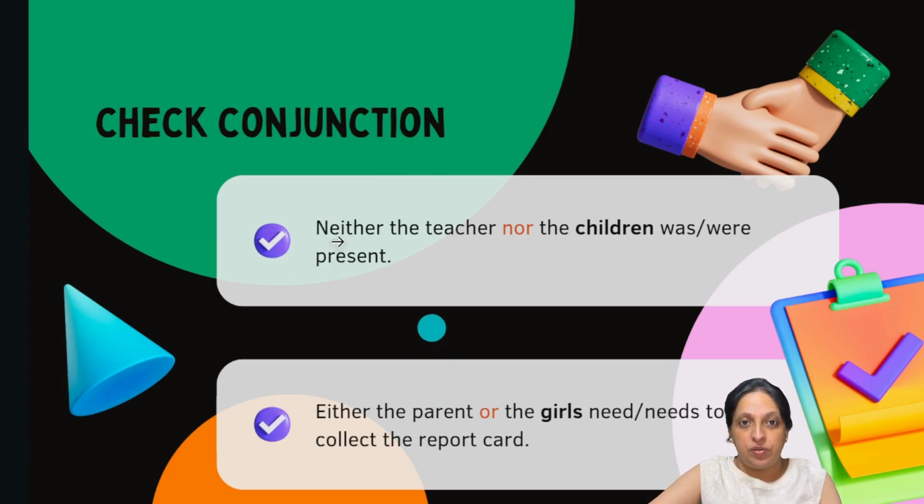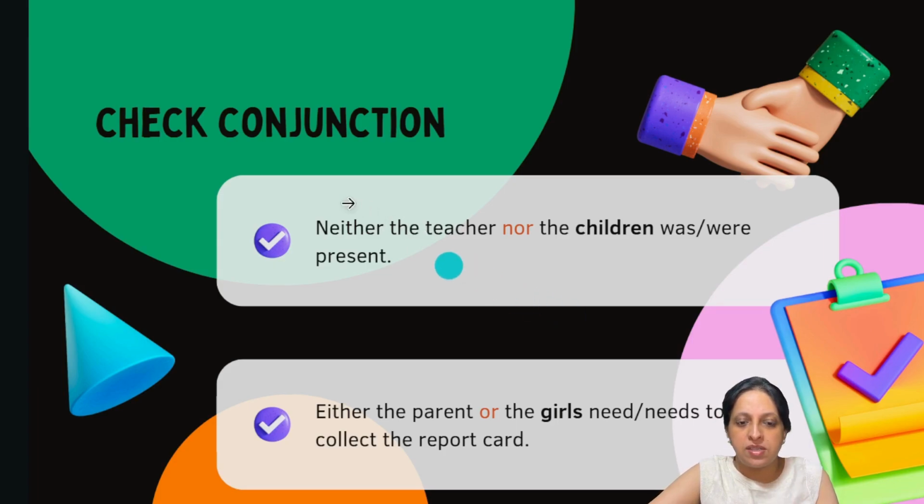Neither the teacher nor the children. So we said either, neither, whenever we are using either, neither, that means we are talking about two persons, two subjects, two things, or one person and a group. So the number has to be two. The subjects have to be two. Now here, who are the subjects?